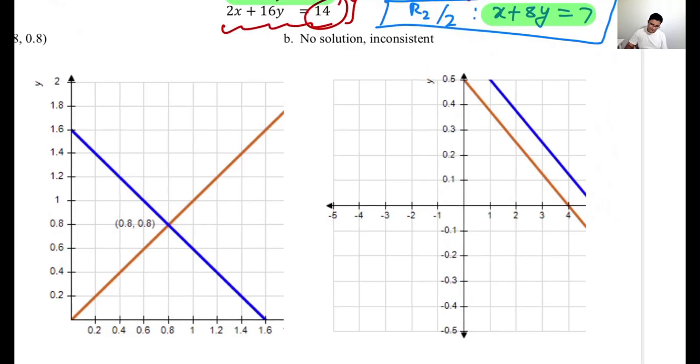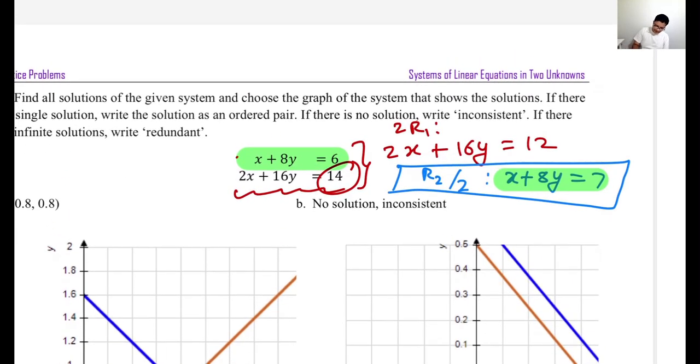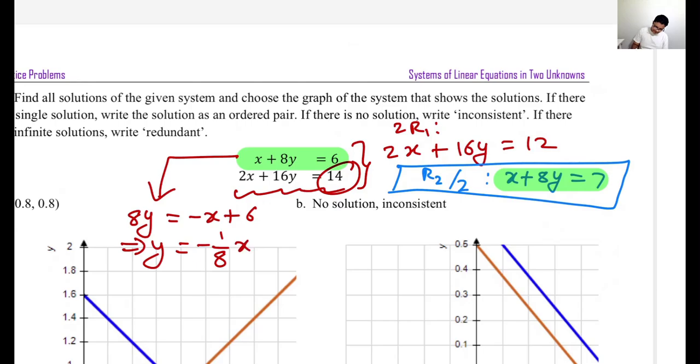What is the slope of this line? By the way, it's also a thing to review. If you rewrite that line, you get 8y equals negative x plus 6. So y is negative 1 over 8 x plus 6 over 8, which will be 3 over 4. So the slope of the line is negative 1 over 8.